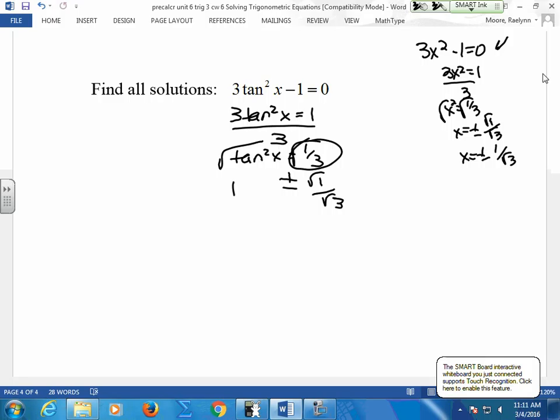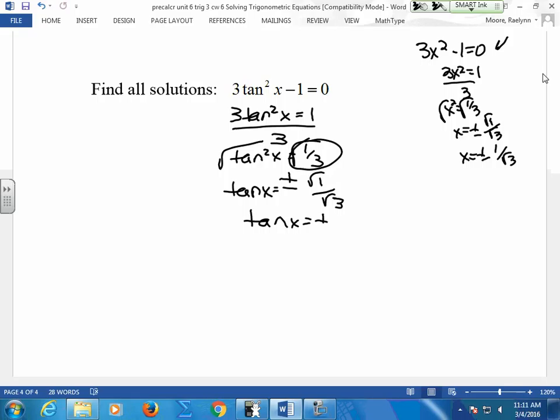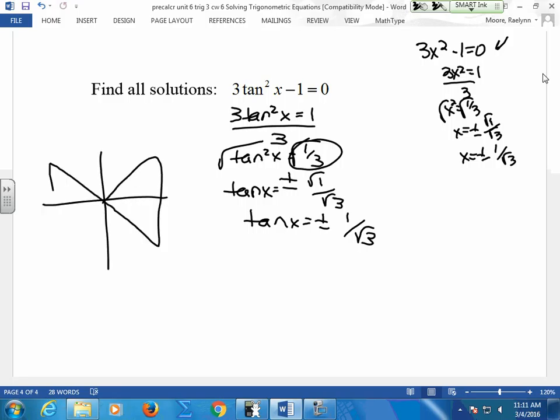So now your tangent is equal to plus or minus 1 over radical 3. Don't those look like part of my special right triangles? A 1 and a radical 3? Which side is missing? The 2. So I've got all 4 quadrants to use.